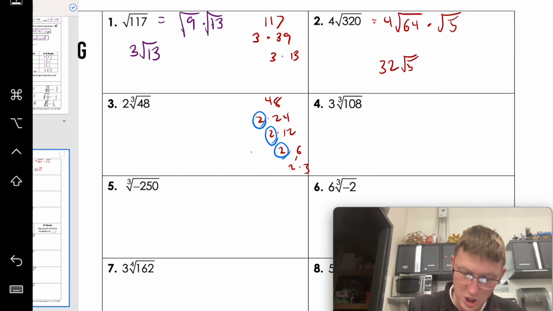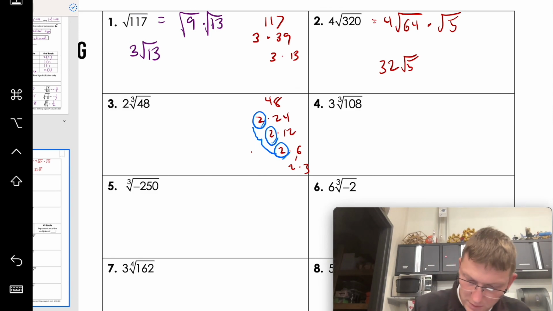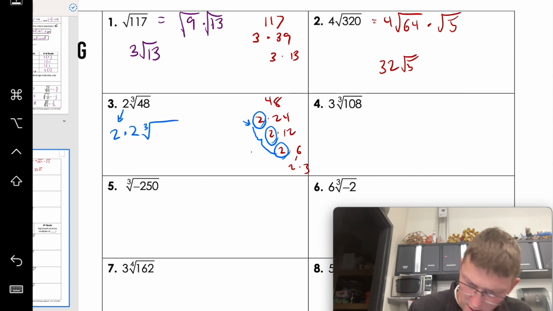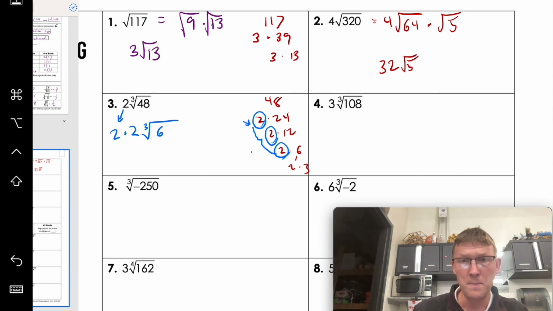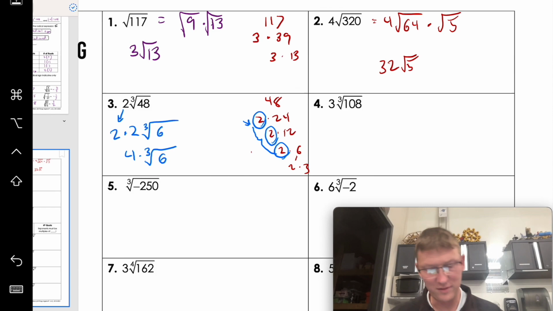So we took the cubed root of all 3 of these numbers, which would be 8, and then that comes out. So now we're going to have this 2 times this 2 times the cubed root of whatever we have left over, which is 2 times 3. So we're going to write 6. So our final answer is going to be 4 times the cubed root of 6.